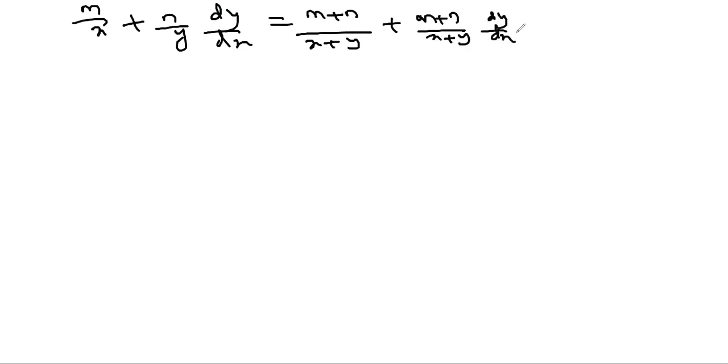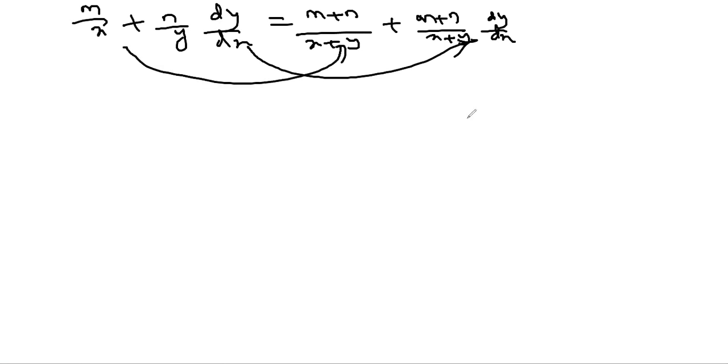I multiplied (m plus n) by (x plus y) to the 1 plus dy by dx. So we get this. Now make it separate. Make a group of the dy by dx terms here and here. Take this to the LHS side and this term to the RHS side.